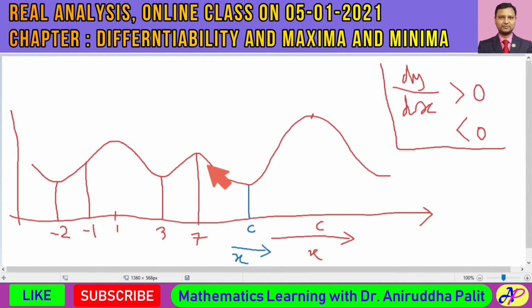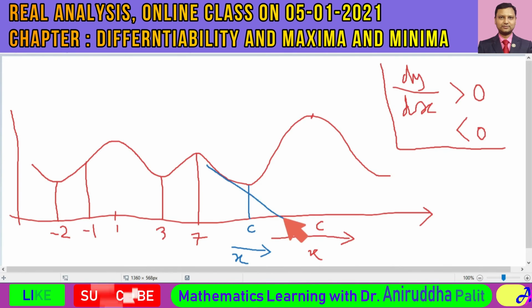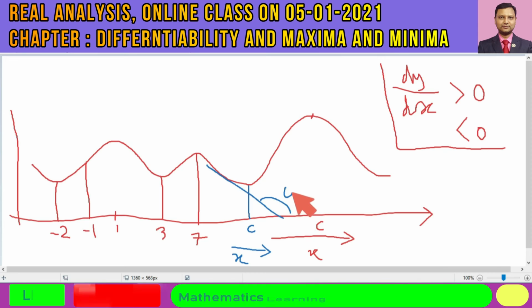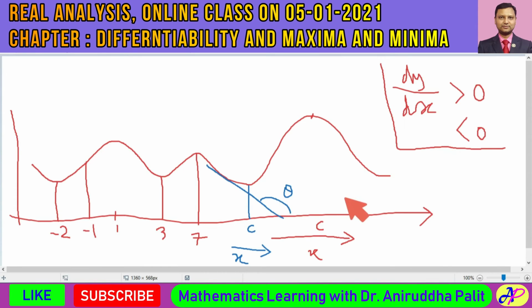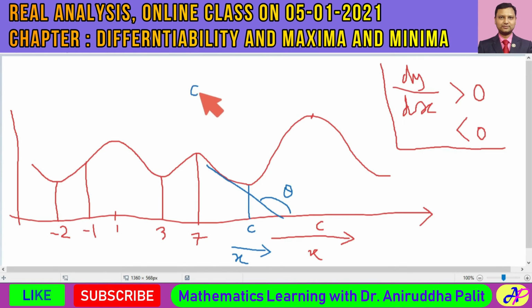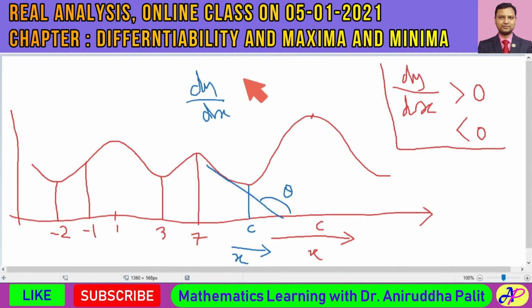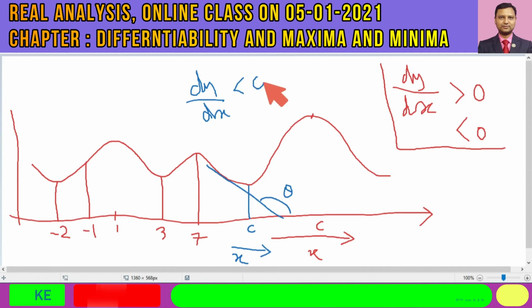You see on the left the tangent is like this, and therefore this angle would be greater than 90 degrees and less than 180 degrees, so tan theta, that is dy/dx, should be less than 0.